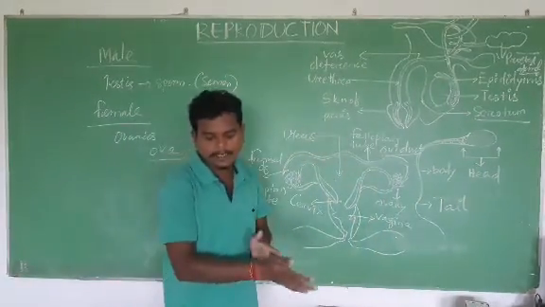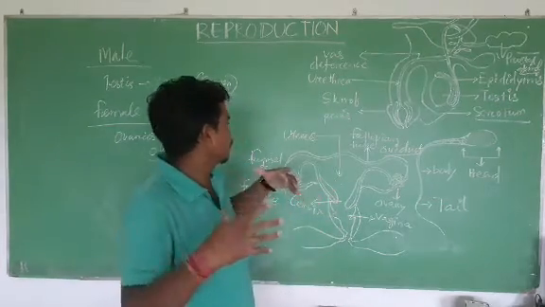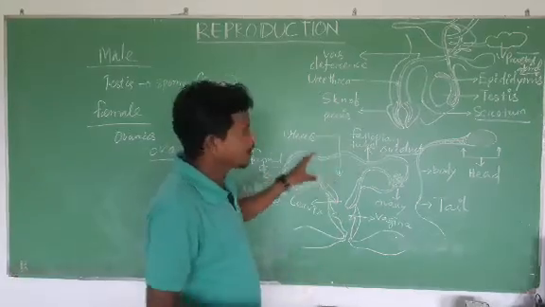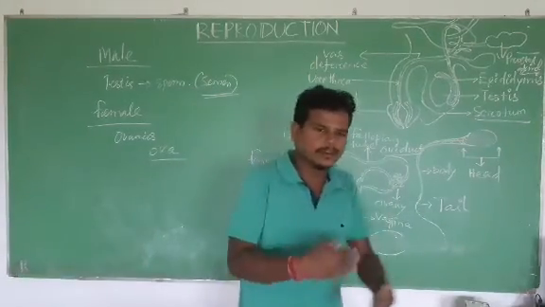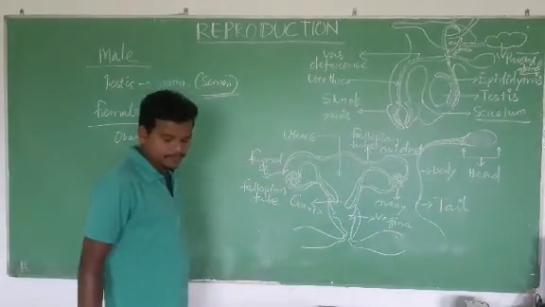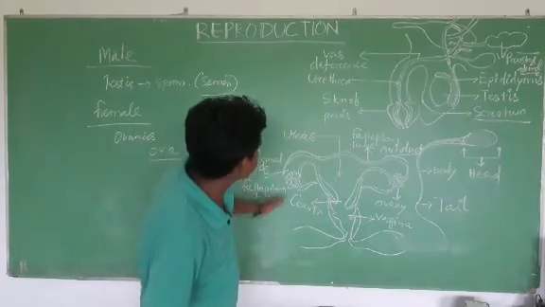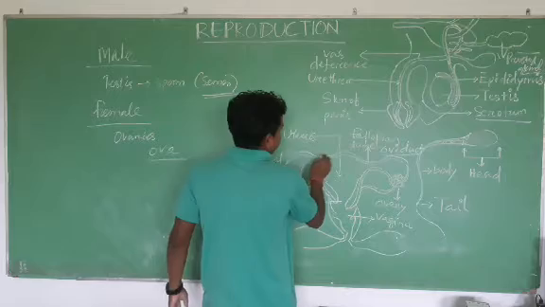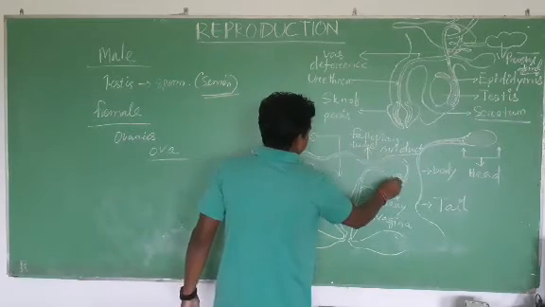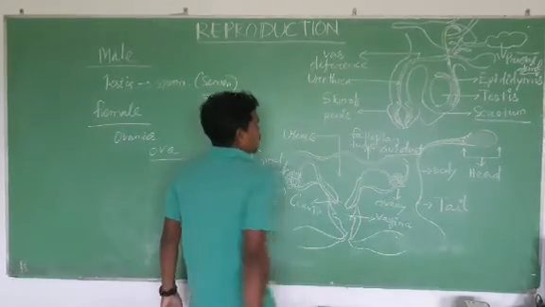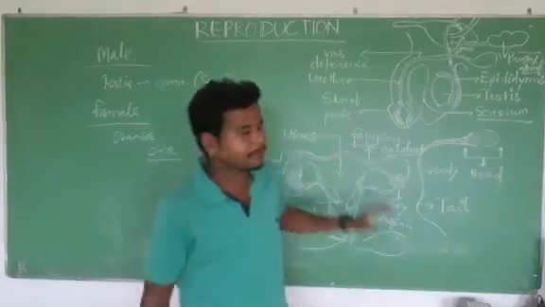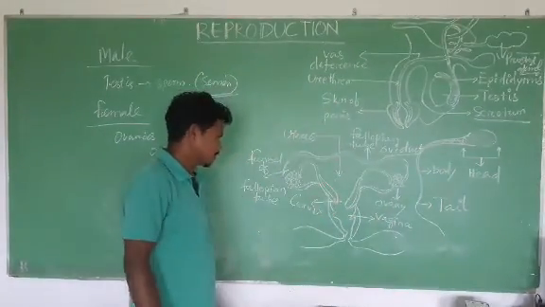The ovaries are attached to the uterus by the fallopian tube, and there are also some connective tissues called ligaments, which help to attach the ovaries and the uterus. This is all about the female reproductive system.